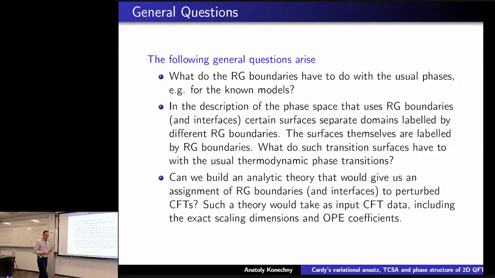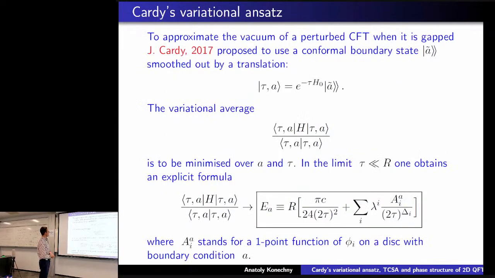It would be nice to have such a theory because we know lots of CFTs, but for many of them we don't understand the underlying lattice models, or even if we can write them, it doesn't help in establishing their phase diagram. So that would be interesting to develop. What would be an analytic tool here which would replace the Landau functional?